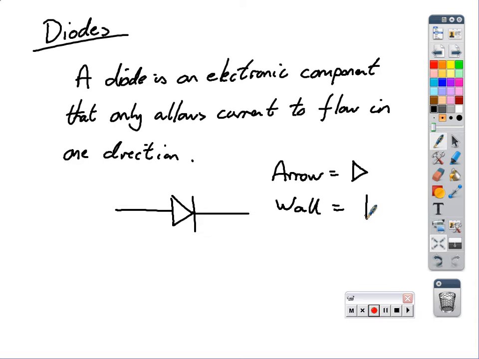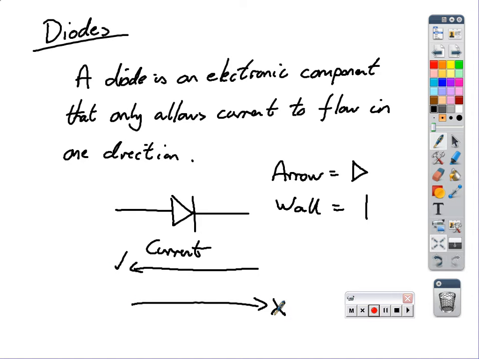Now, current can flow this way through it, but not this way. So it can flow this way, but it cannot flow that way.